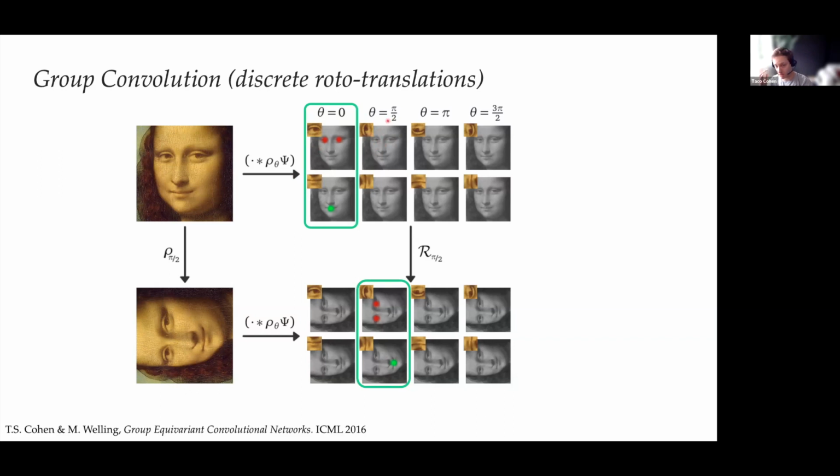It's an upright face. So this feature map doesn't give us a big response. Similarly, when we rotate by 180 or 270 degrees, we don't get any big responses as we did in the upright orientation. But of course, you can see that when we rotate the input image, then those might start to fire.